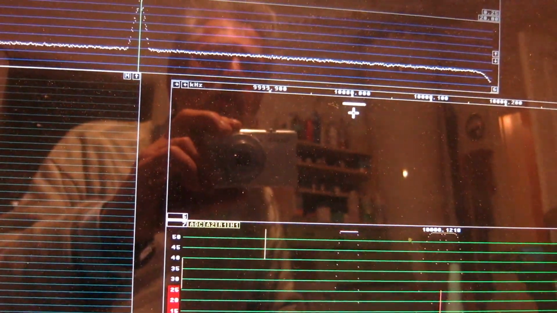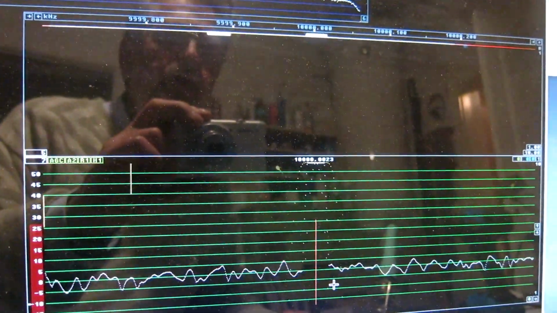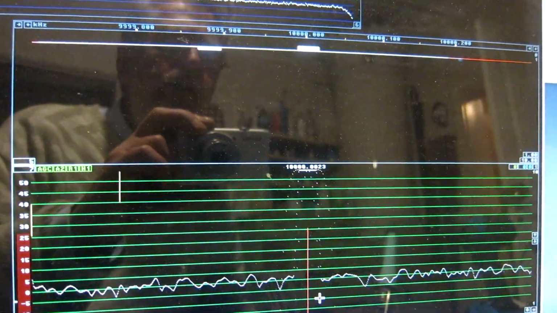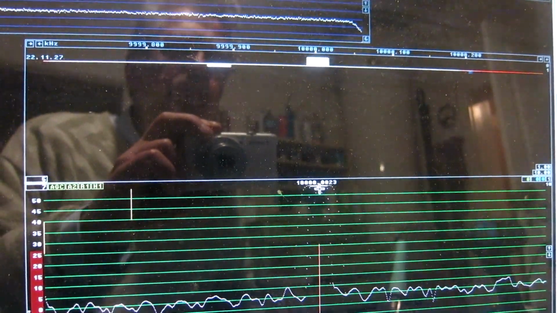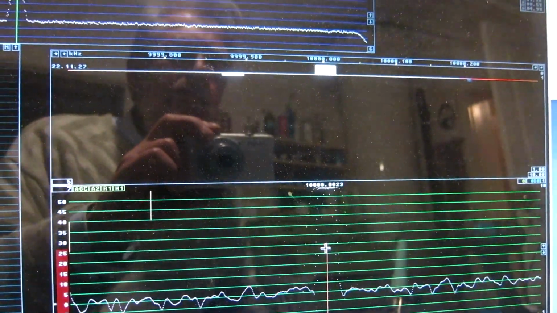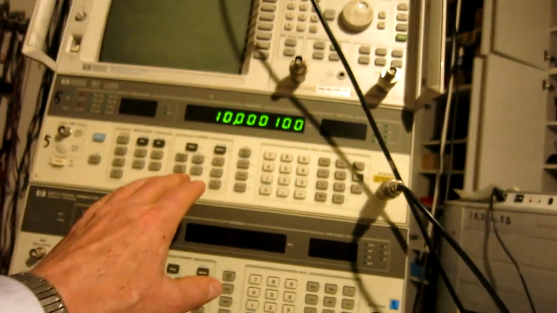Here is the Perseus, and I click on the signal and we have it here on 10 megahertz. This is what is originally 12 dBm and it's split into 2, so this represents about 9 dBm. And I inject a signal from this signal generator.